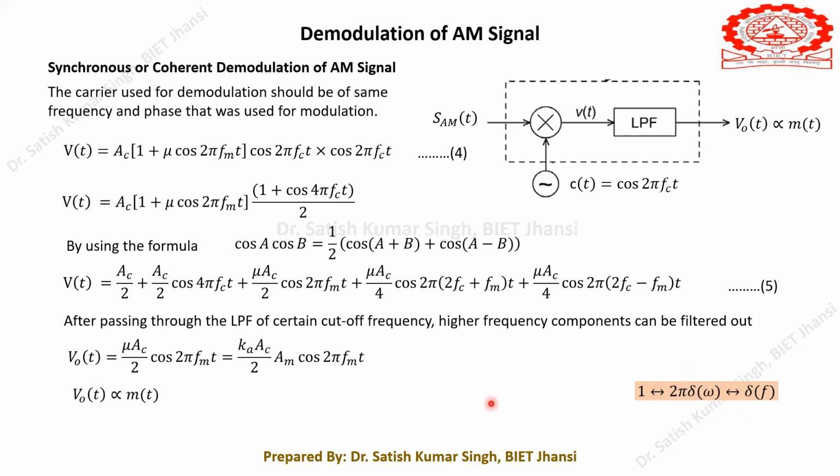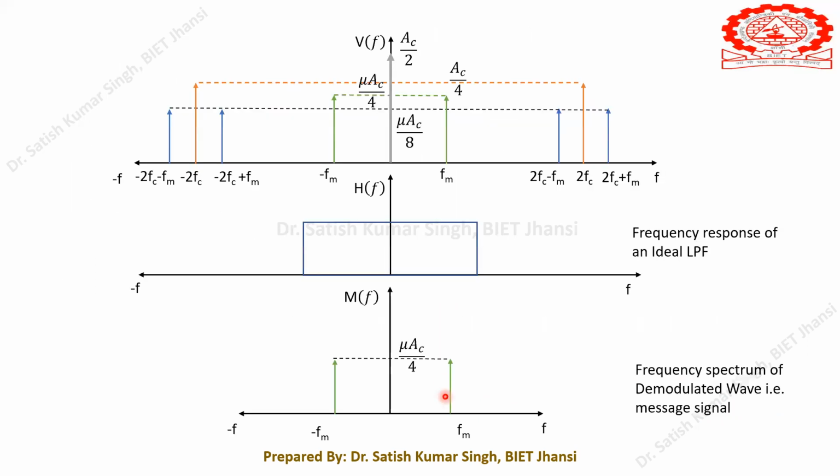Remember that. Now just see what the spectrum of this particular equation will look like. Here you can see that we have one of the frequency components at fm, whose magnitude is mu Ac by 4.